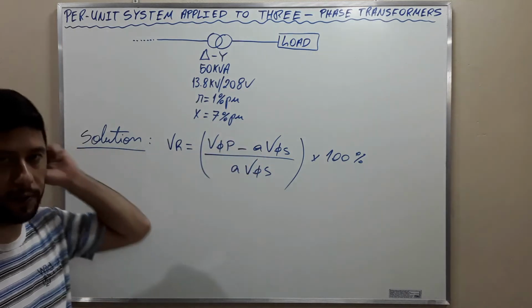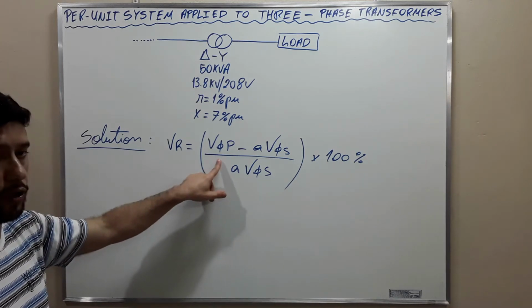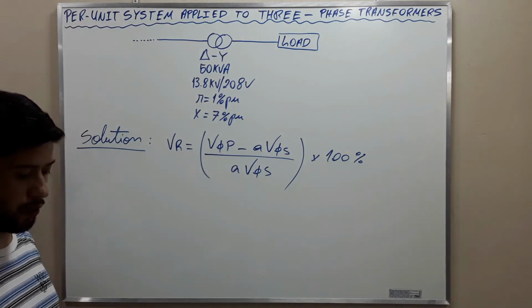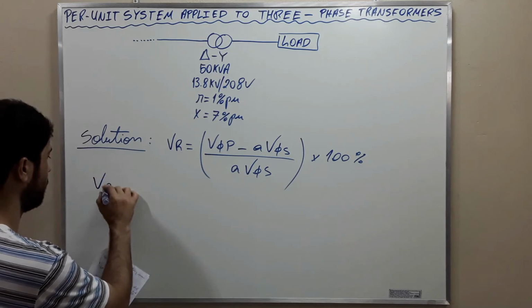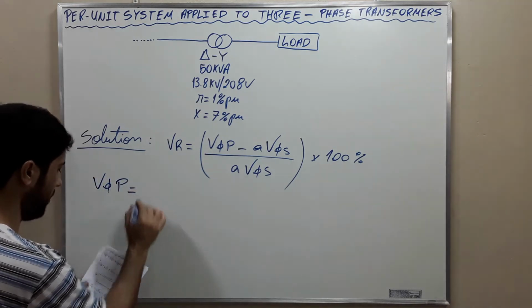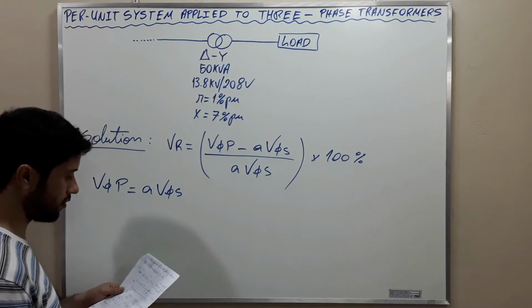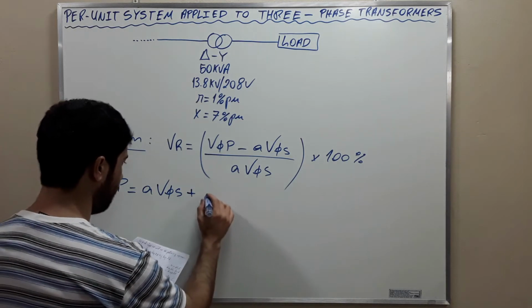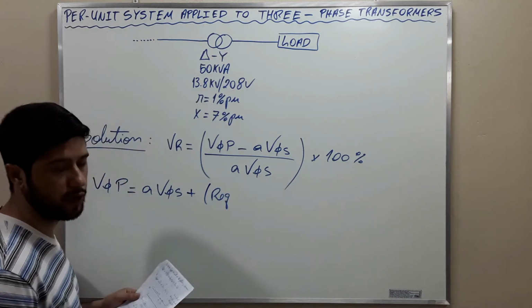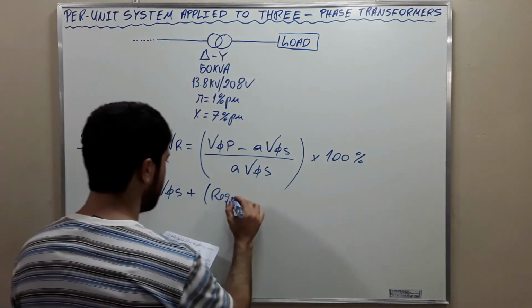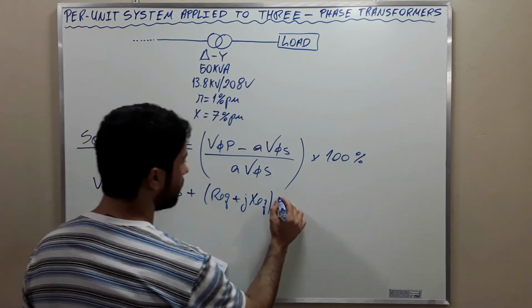We need to find these values here. To find the phase voltage of the primary, we are going to use this expression here. The phase voltage of the primary is equal to A times the phase voltage of the secondary plus the equivalent series impedance multiplying the phase current.